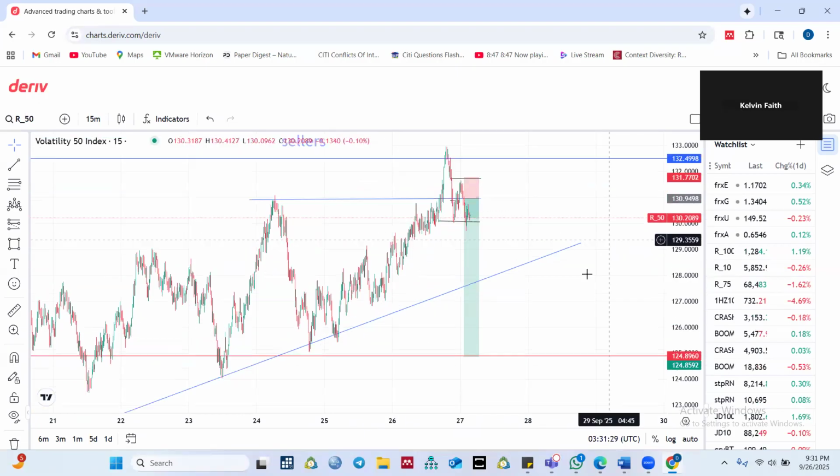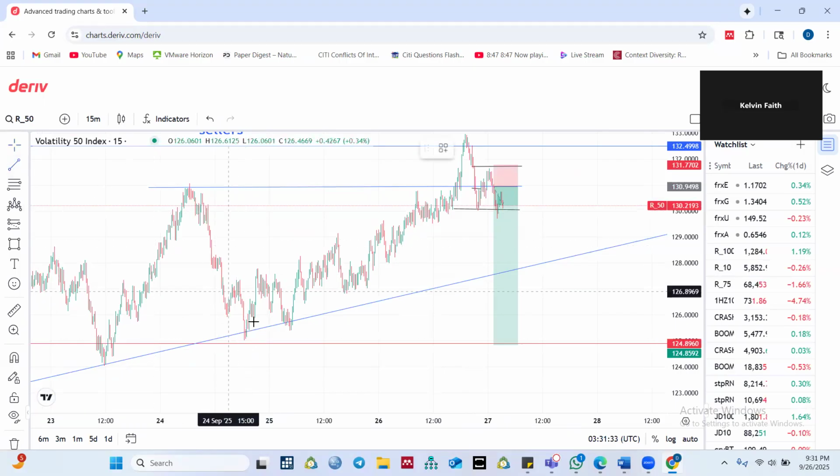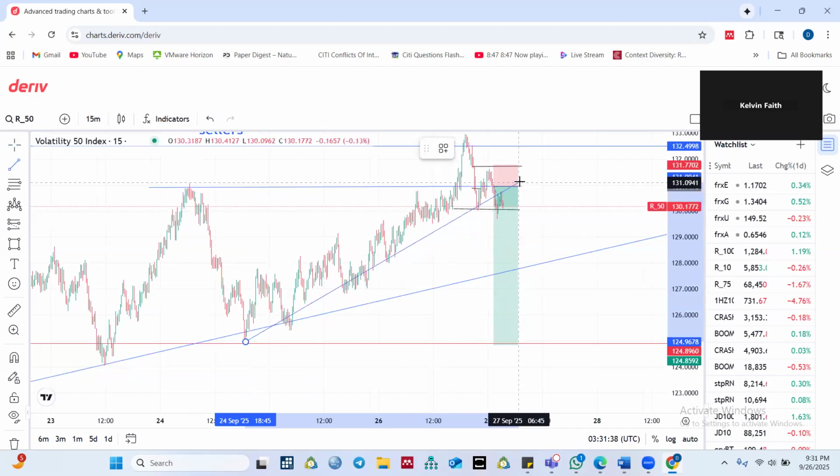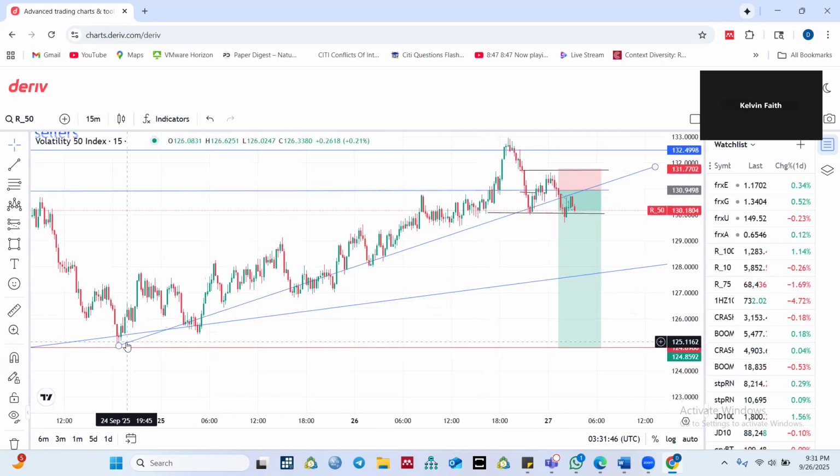How can I draw another trend line? From this red line, because the red line is our current target, I can draw a trend line from the red line off to... yeah. Good.